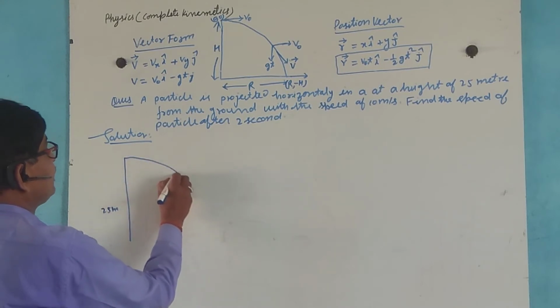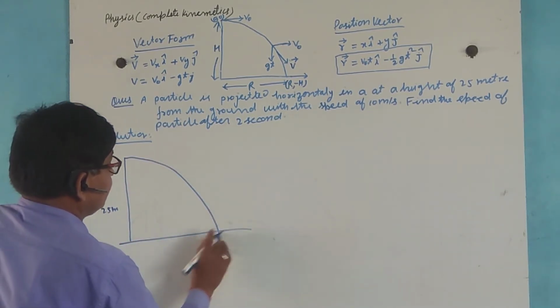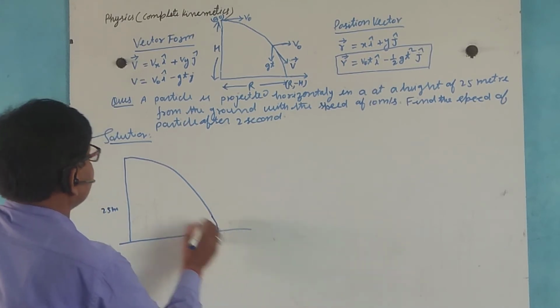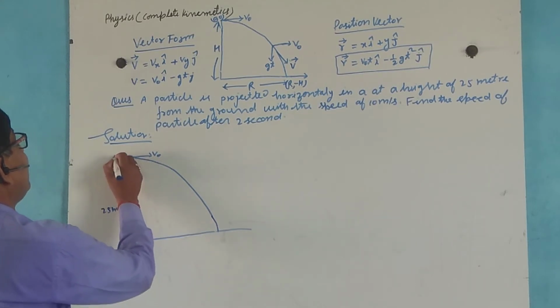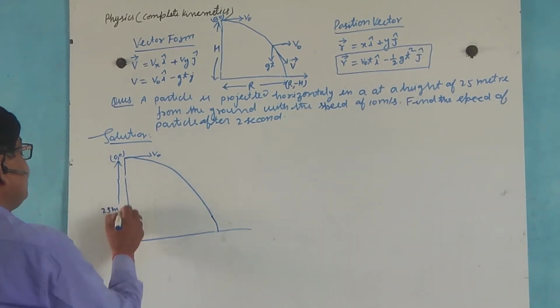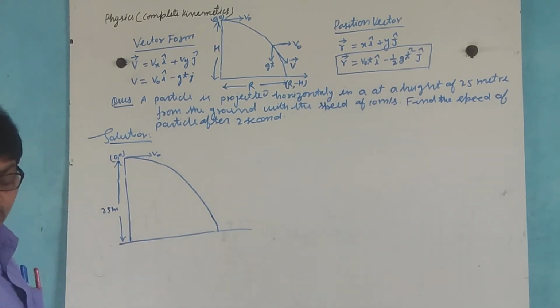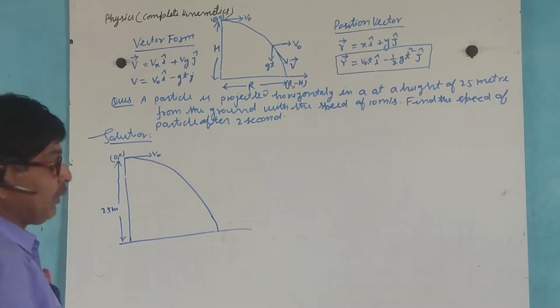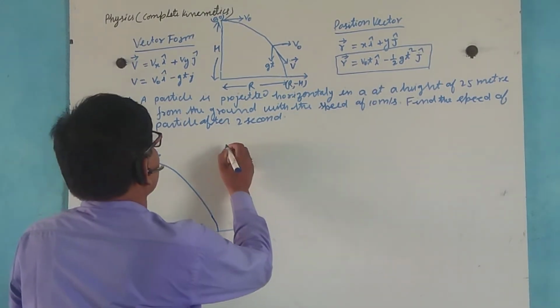Such a motion is denoted by this v0, and this is the origin, so the height will be 25 meters. Now we can calculate the total time here.